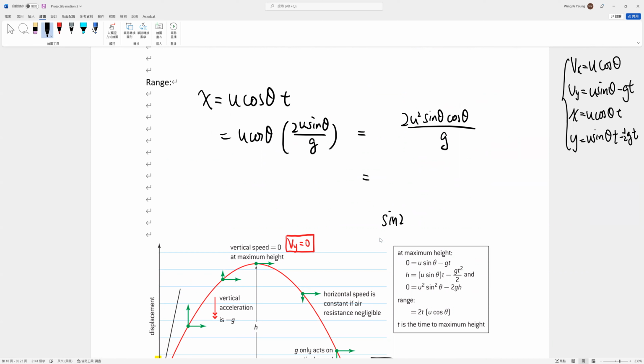That is sine 2 theta equals 2 sine theta times cosine theta. Okay. Any questions for these three?